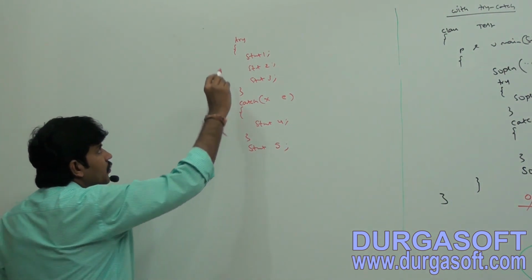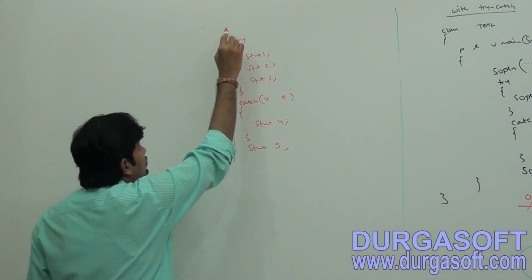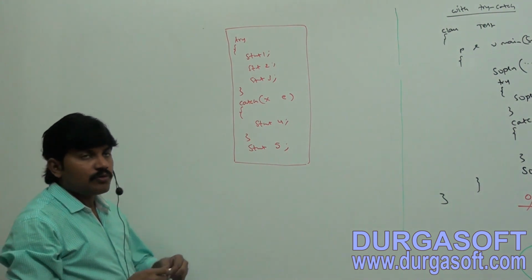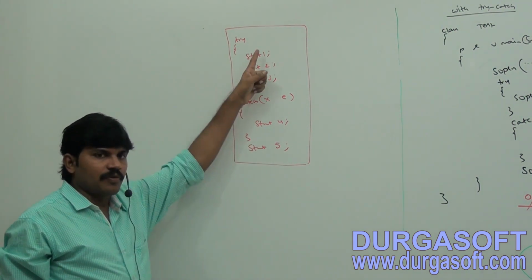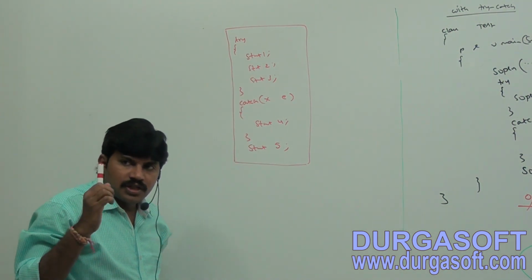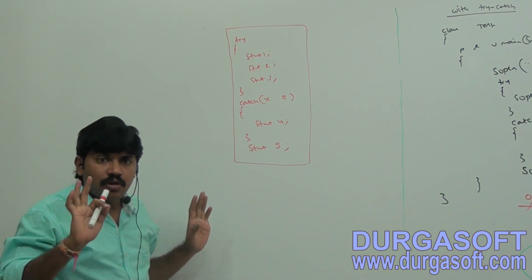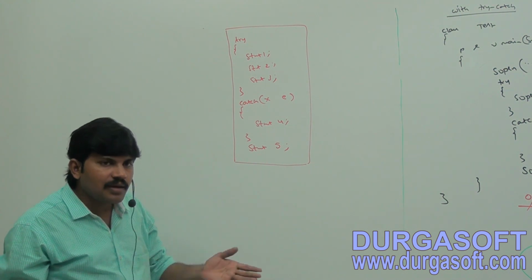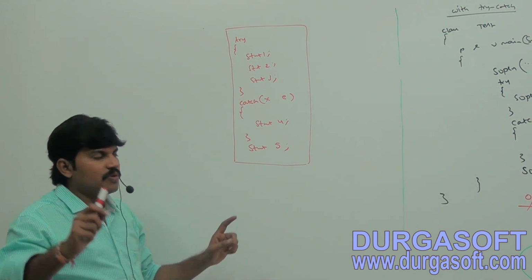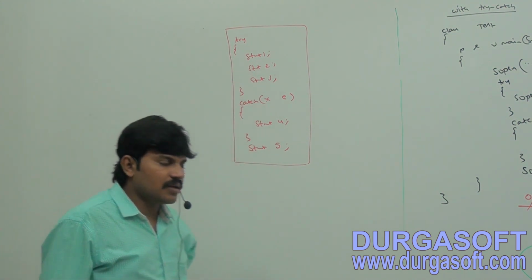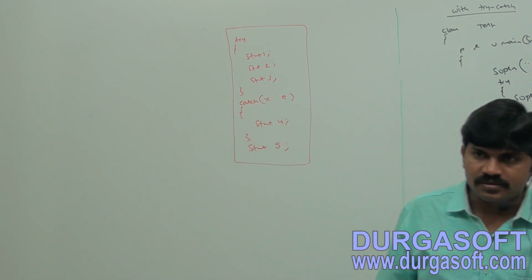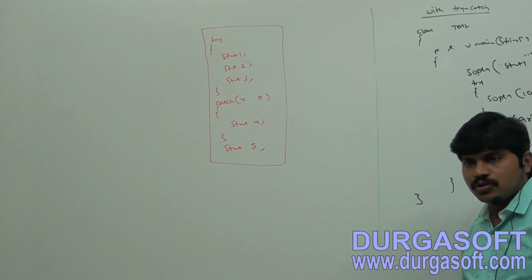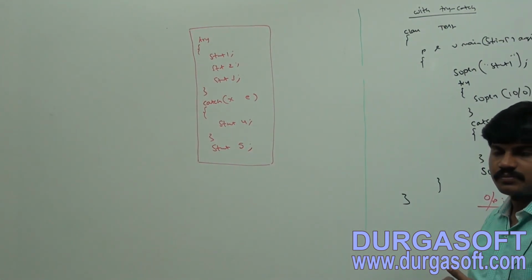So here, in total, how many statements are there? 5 statements, from 1 to 5. Anywhere an exception rises, you have to tell in which order the statements are going to be executed. If we handle it or do not handle it, what will happen? First take this code, and then we are going to discuss multiple cases.